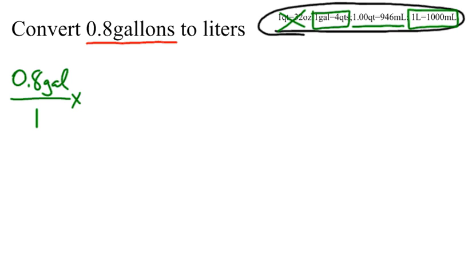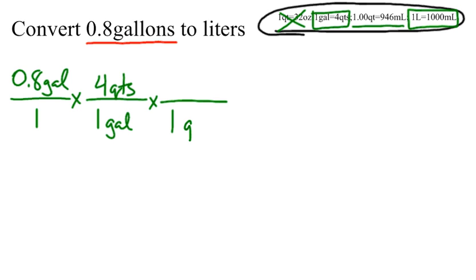So we'll do our first conversion factor, which is going to quarts. So 1 gallon is equal to 4 quarts. Then another conversion, because I'm at quarts, not at liters where I want to be. I happen to know that 1 quart is equal to 946 milliliters.